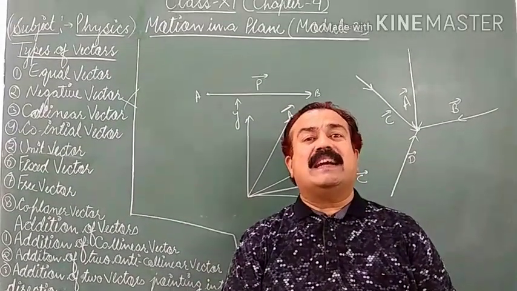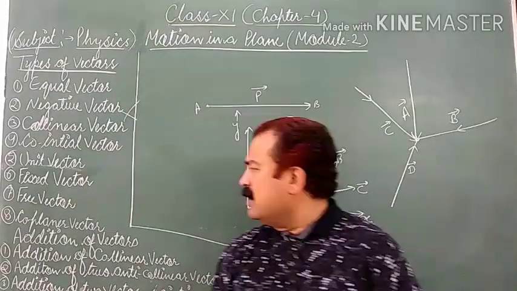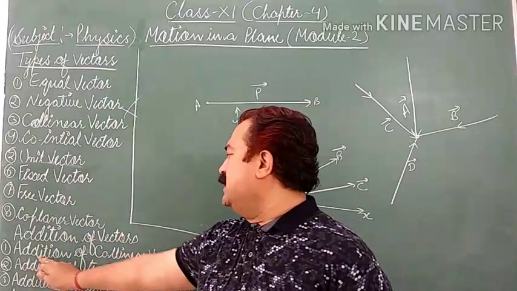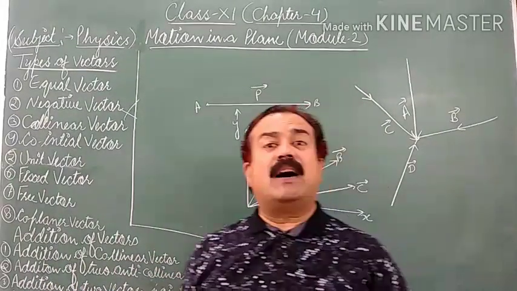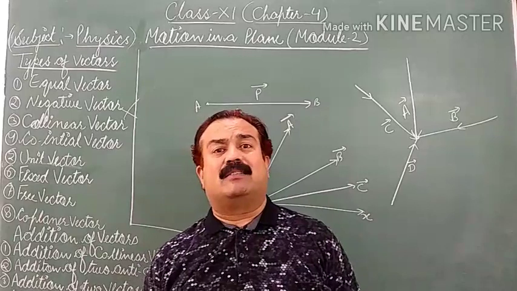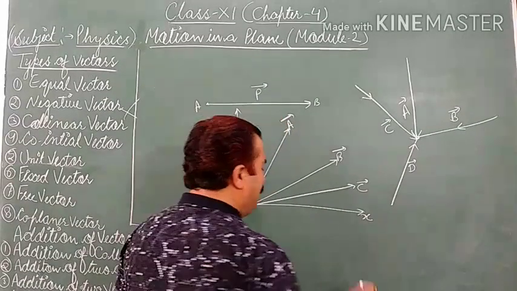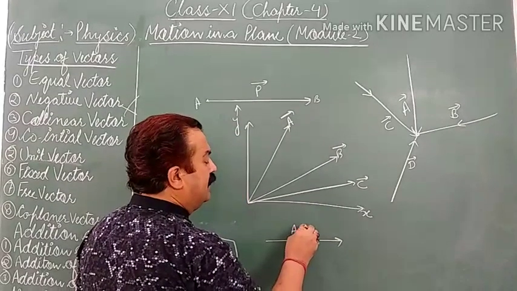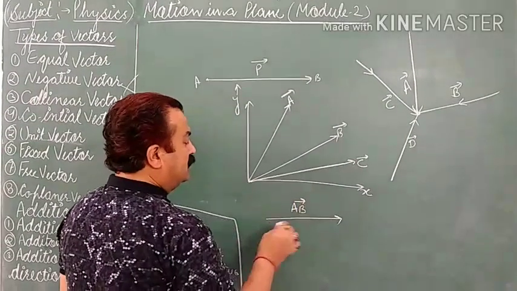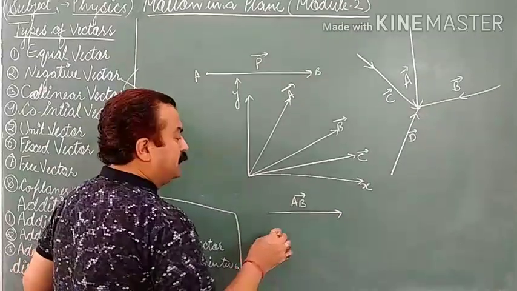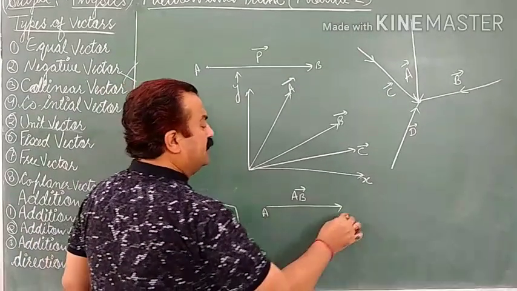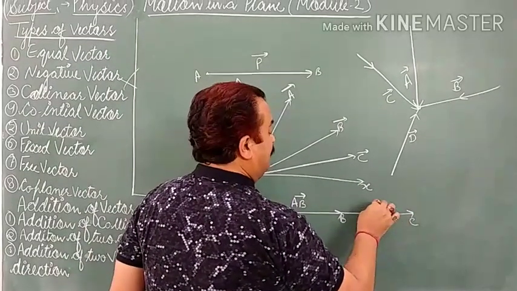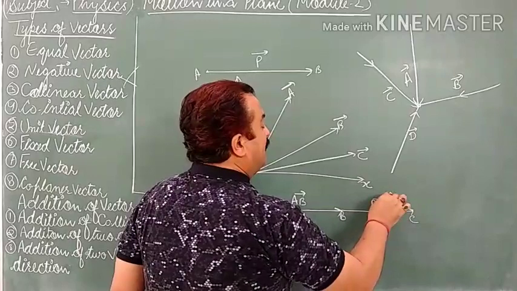Now we have to come to addition of vectors, my dear. Now the addition of vectors. The first is addition of collinear vectors. How can we add if the vectors are collinear? See, if we have the first vector, that is AB vector, and another one starting from B and ending at C, so it is BC.